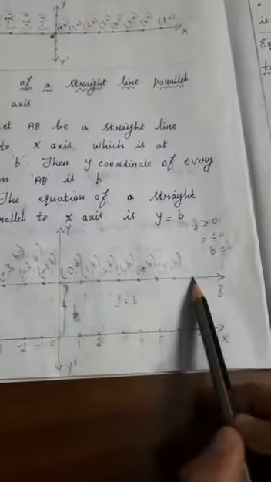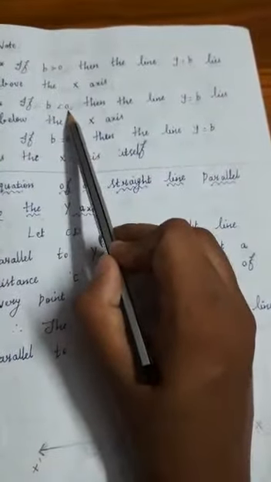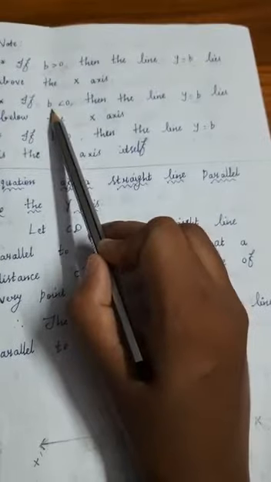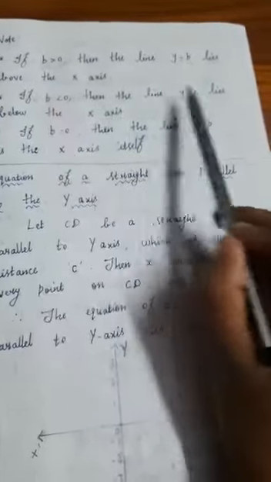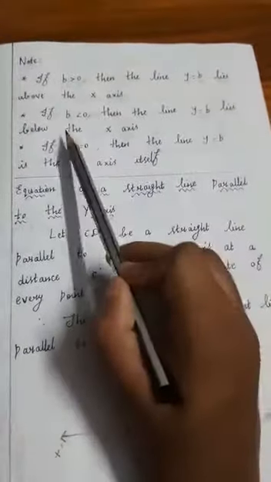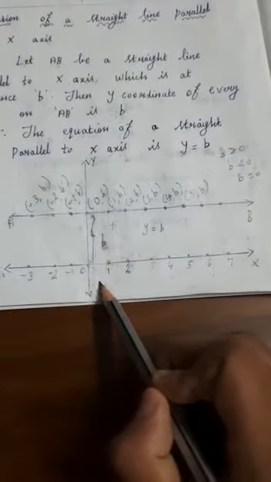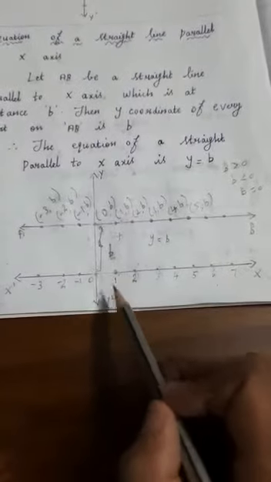Okay, then b less than 0 means negative numbers are possible, -1, -2, -3, -4. Then the y coordinate of every point is a negative number, so all the points lie below the x-axis. For example, if you take -4, all the points 0, -4, 1, -4, like that, lie below the x-axis.